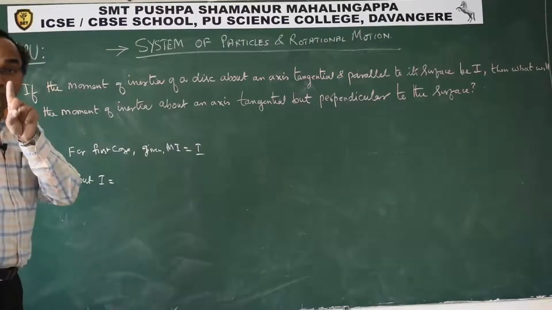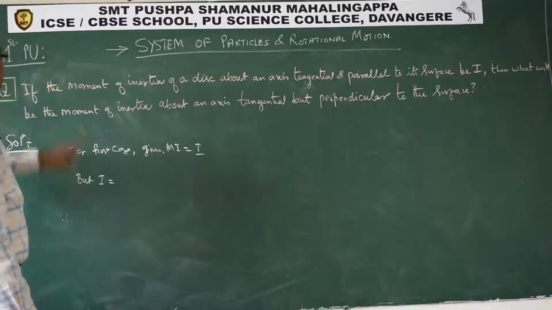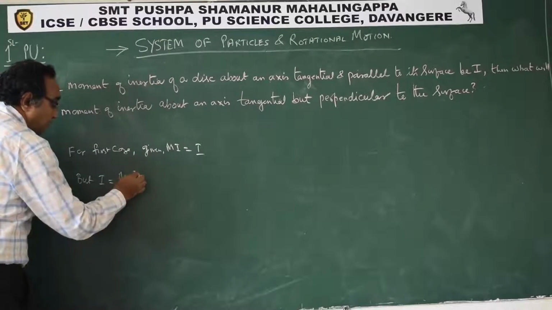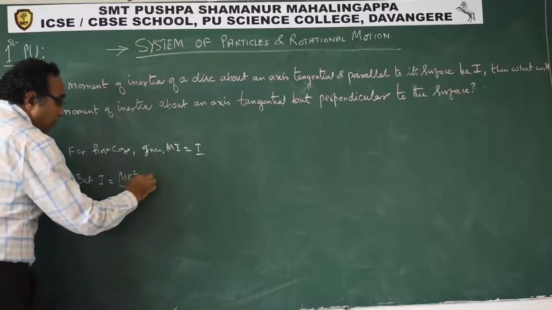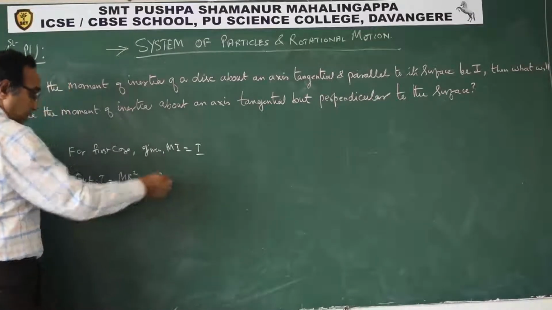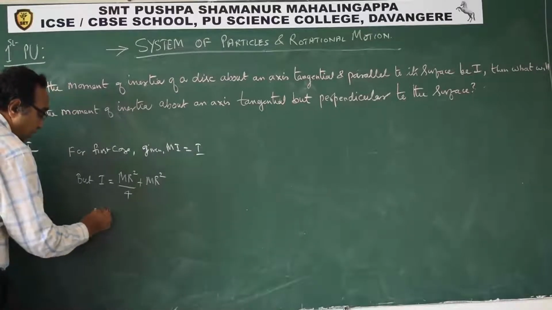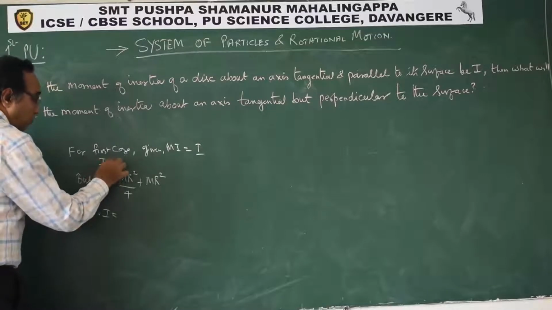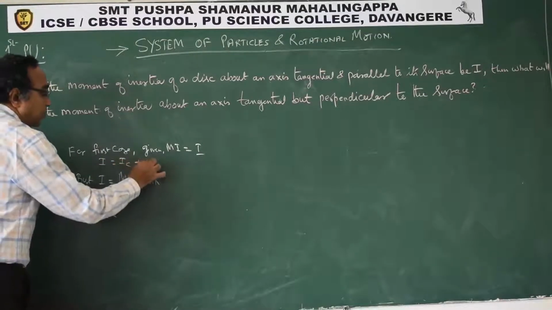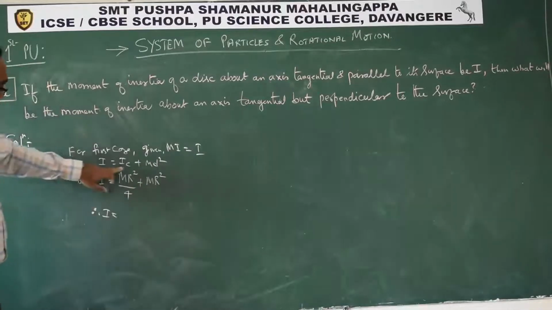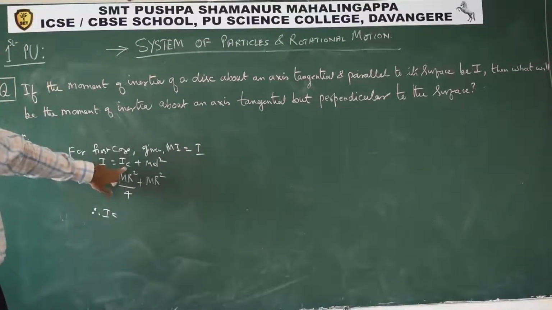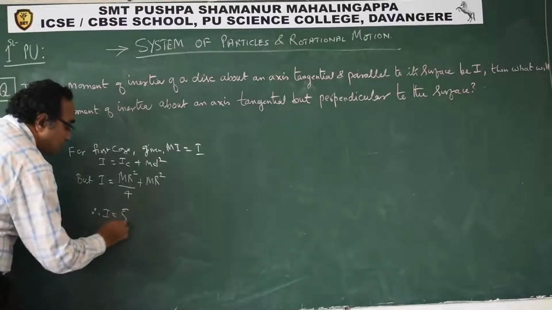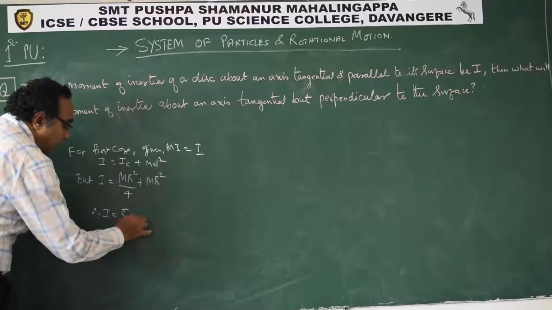Moment of inertia, use parallel axis: moment of inertia of a disc about the diameter is M r square by 4, plus m r square. So I about any axis is I_C plus m d square, this I am using. So this is about the diameter, m r square by 4. So this gives us 5 by 4 m r square is I.